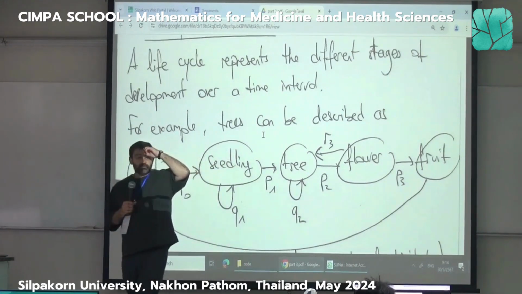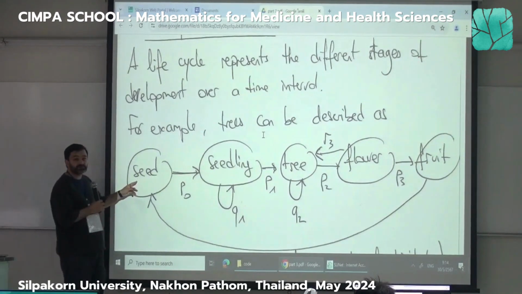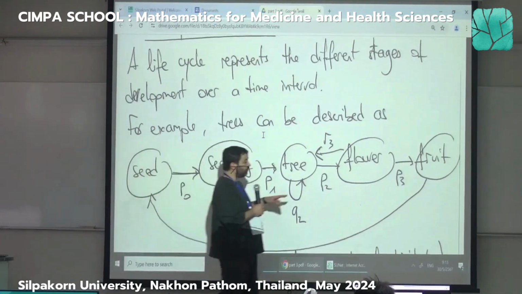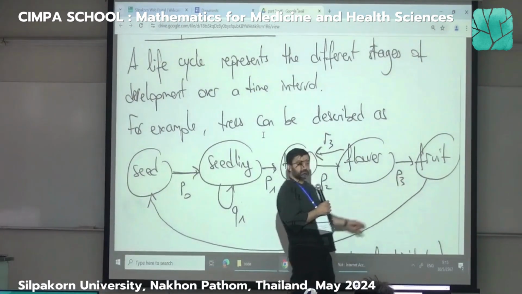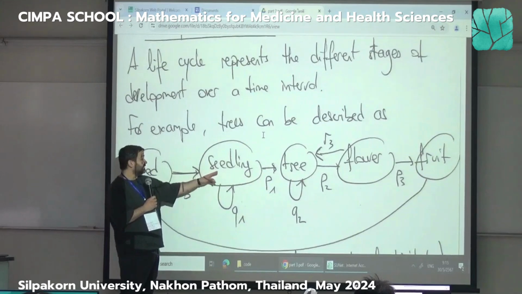But you can do exactly what we have done last time. You compute, for example, the number of seeds. The number of seeds here is the number of births coming from fruit. Number of seedlings: who are the seedlings?